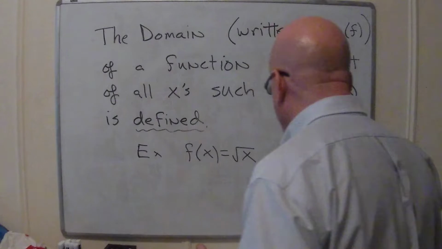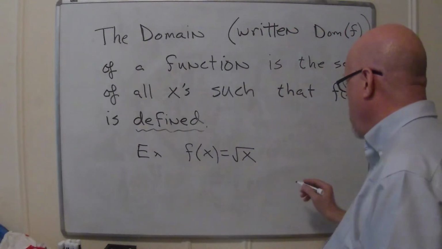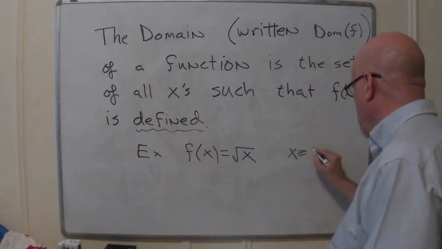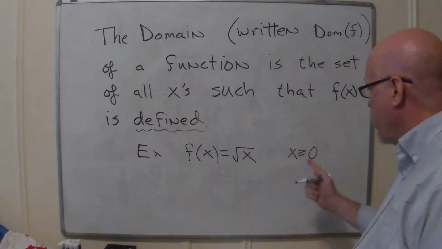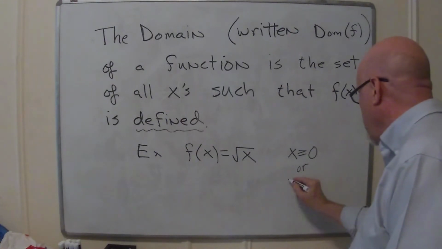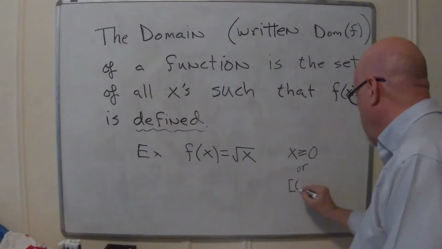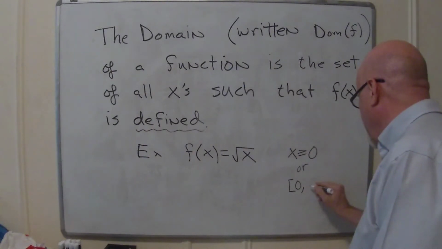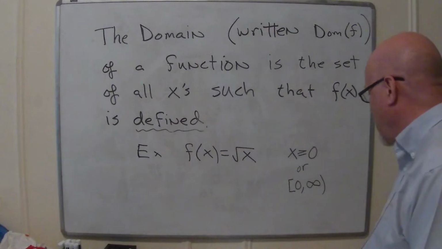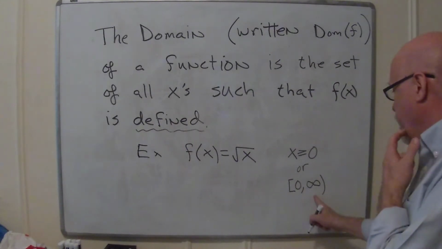There's a couple of ways to specify the domain. One would be just write an inequality like this: x has got to be greater or equal to 0. Another option, if you're familiar with it, is the interval notation for that same region. Everything from 0 off to infinity, headed to the right. 0 to plus infinity.